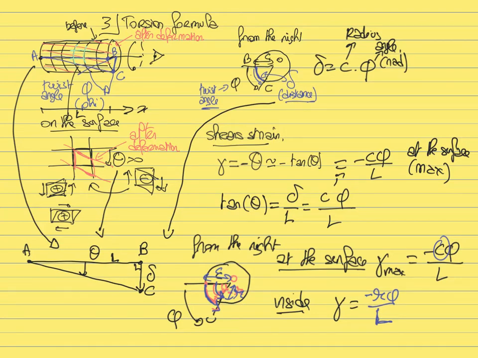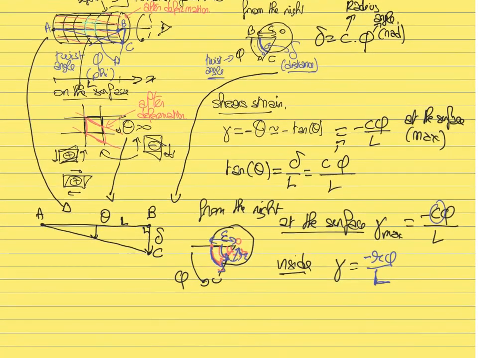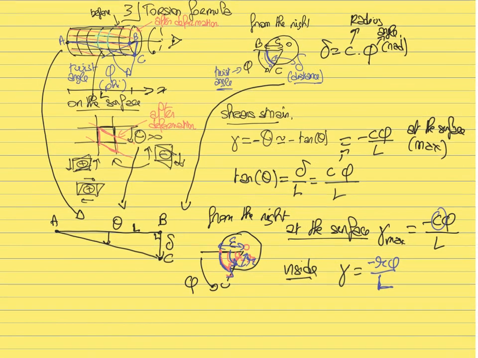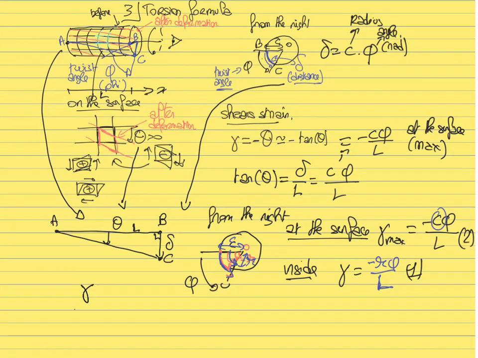For example, if you take expression 1 and you divide it by expression 2, you take the shear strain inside the material divided by the maximum shear strain at the surface.